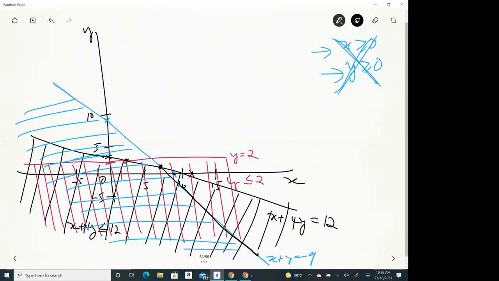And then it will be the black line up to here, up to x equal to 3. And after that, the red line for y equal to 2. Right? So this is our feasible region. Okay? Right?